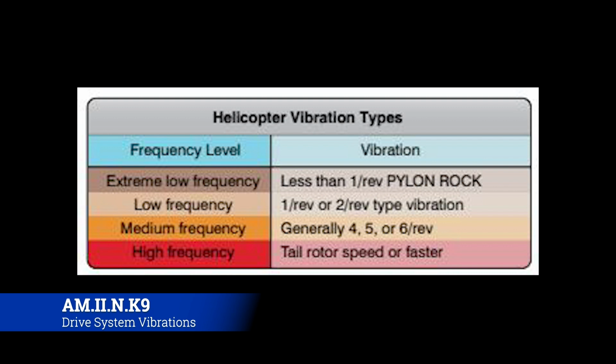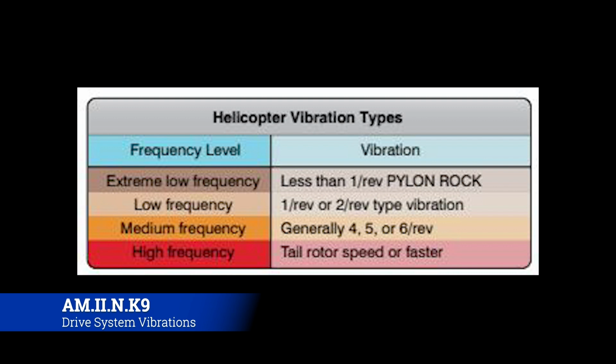The medium frequency vibration is an increased level of the same vibration, but it's caused by a change in the capability of the fuselage to absorb vibration, or maybe a loose aircraft component like the skids. It means the airframe is not absorbing the lower frequency vibration, so now it feels a lot worse. So you start going around and jiggling some things, to see if you can figure out what the problem is.